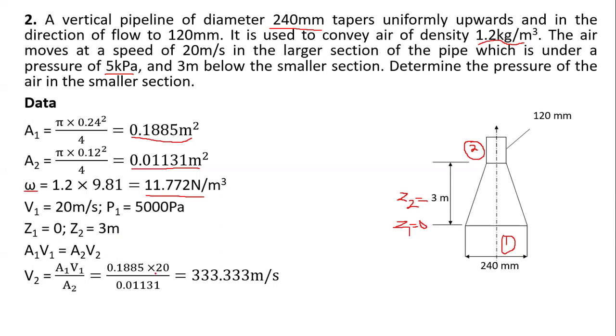Then let's apply the discharge formula. A1 V1 is equal to A2 V2. Why are we using this formula? Because we were already given the velocity in this large section, but the velocity in the smaller section was missing. So making V2 the subject, you have A1 V1 over A2. Our A1 was this, our V1 was 20, divided by A2, which is this one.